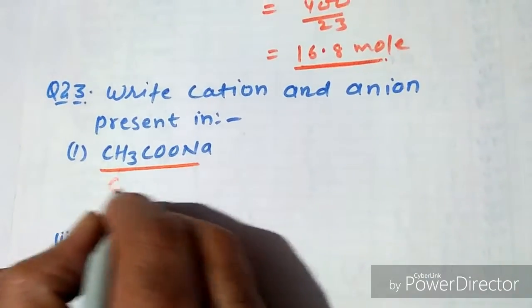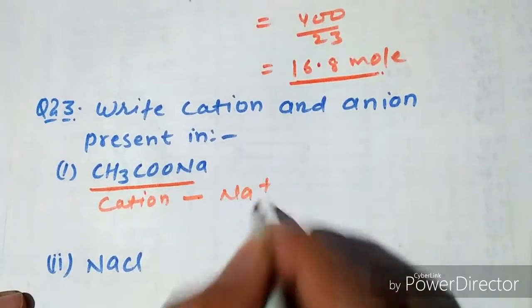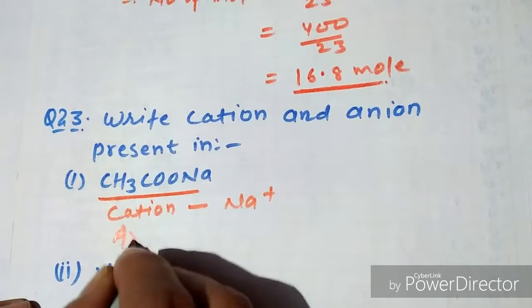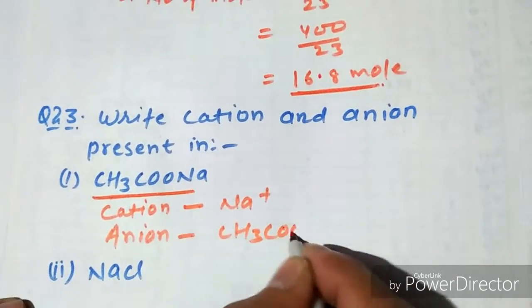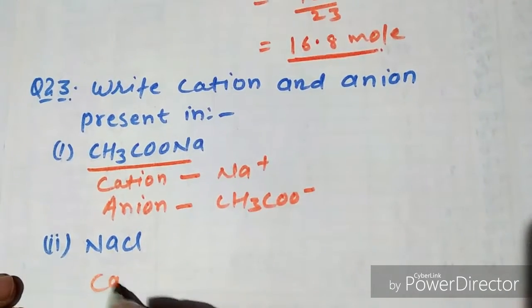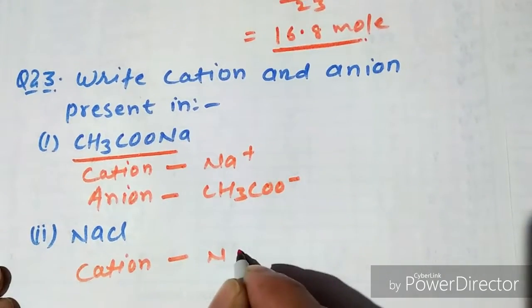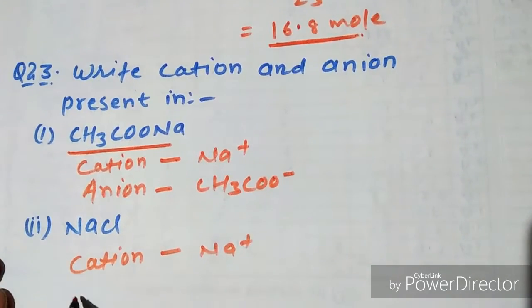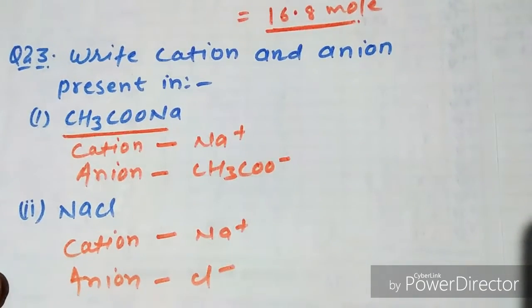So at first we write here cation and anion. CH3COO. In NaCl, cation is Na plus and anion is chlorine.